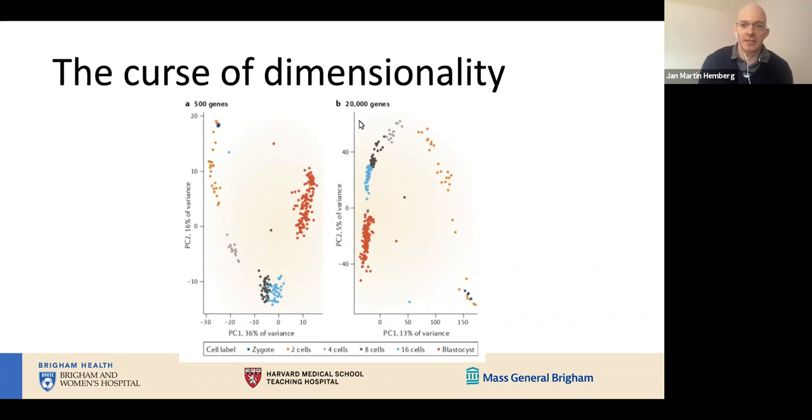One example is shown in this plot. Here we took a small data set on early mouse embryonic development, and we considered two different scenarios, where you either use all 20,000 genes that were profiled in the samples, or you use a selection of the most variable genes, only 500 of them. As you can see visually, the clusters are more distinct here on the left compared to the right.